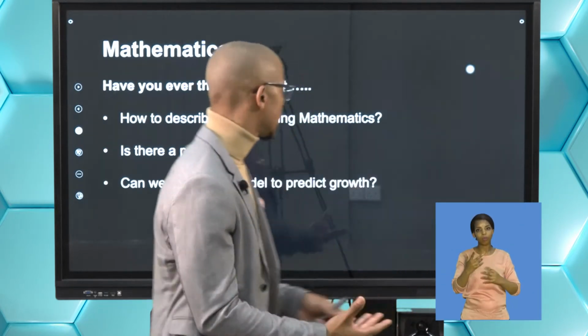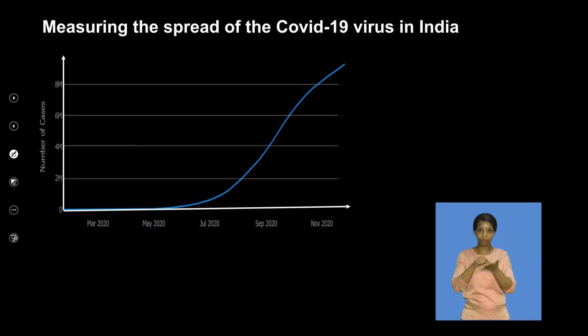Now, if we look at some graphs, this is a graph that shows the spread of COVID-19 virus in India. Now, this was between the months March 2020 and November 2020.